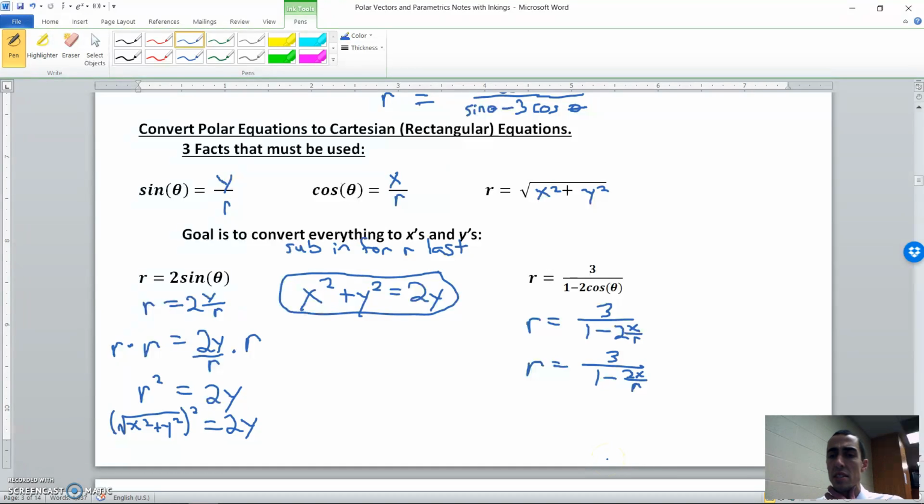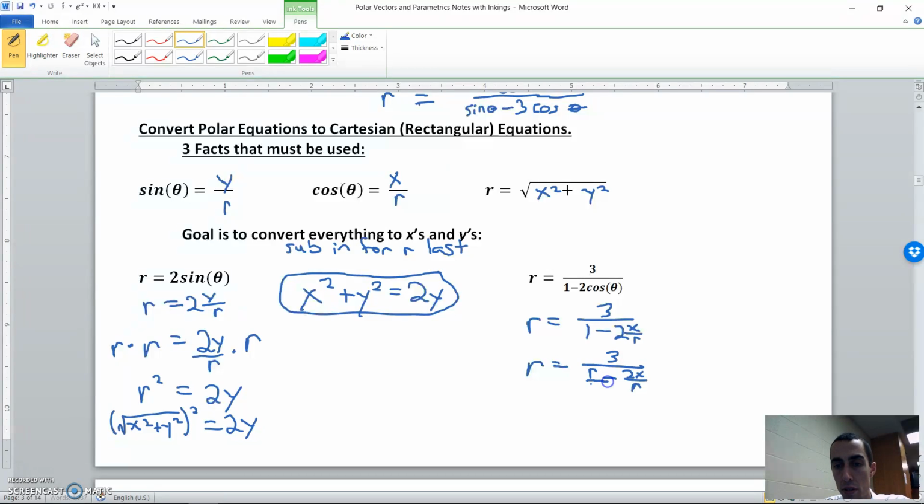Now we've got a pretty messy denominator there, and if we can get common denominators between that 1 and this 2x over r, we can subtract those two fractions, and it's going to simplify things a lot. So I'm going to change that 1 into an r over r. By doing that, we'll have common denominators now.